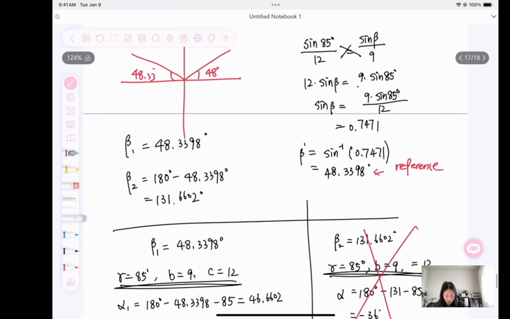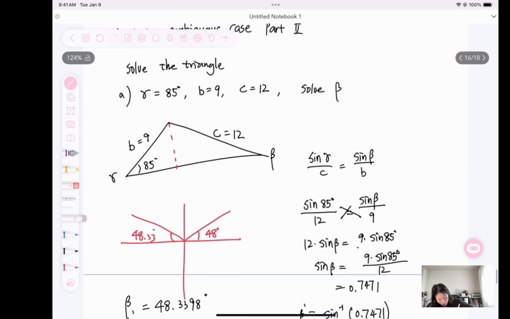Let's construct the height. So if this is the height, then sine 18.5 degrees equals h over b, which in this right triangle is the opposite side h over the hypotenuse 9.